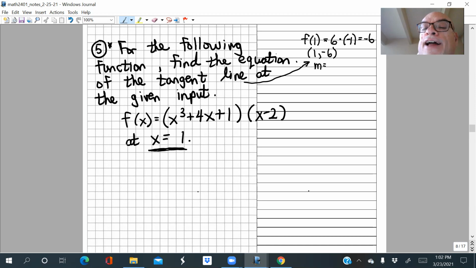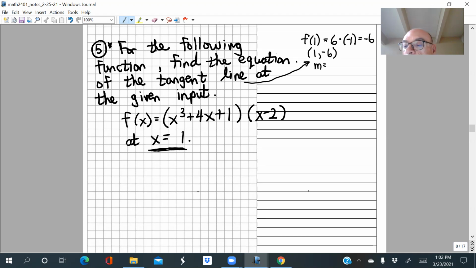Now, how do I find the slope of this tangent line, though? Okay, so now we're back to really the most basic calculus question there is, right? What is the slope of the tangent line? The slope of the tangent line is the same as the derivative. Yeah, see, there's a phrase I keep reminding y'all I want y'all to remember, right?